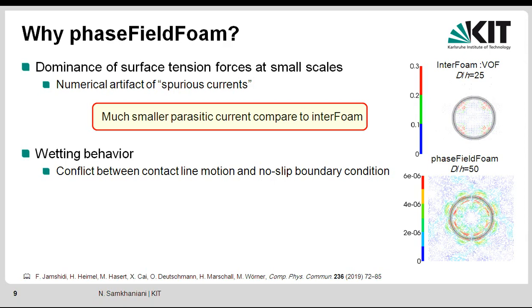So we use the phase field method. As you can see, the parasitic current in the phase field method is much smaller than in interFoam. Also, another advantage of using a phase field method compared to the VOF method is that we can handle the interface motion along the no-slip boundary condition automatically.